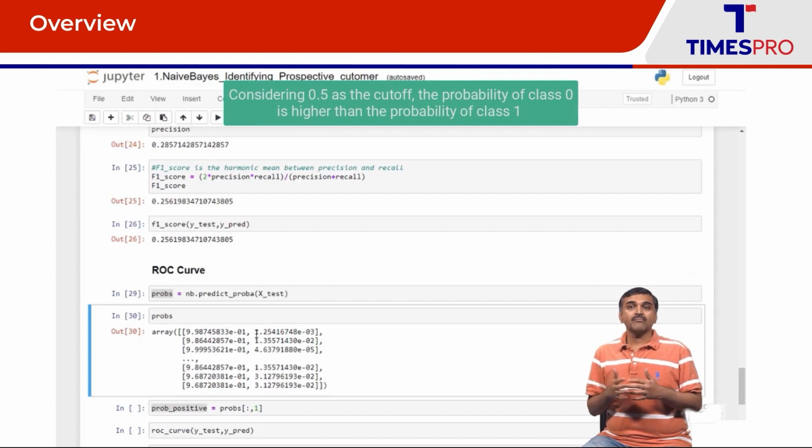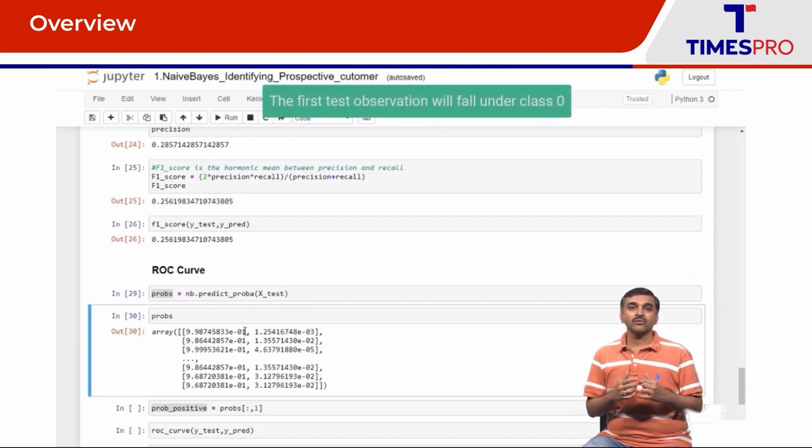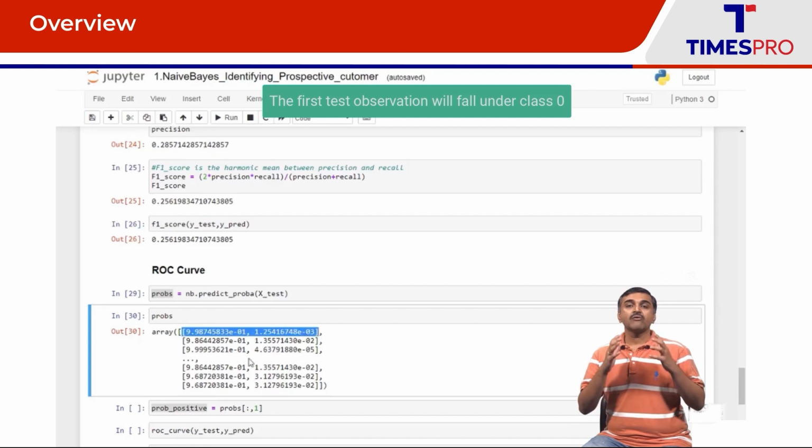If you consider 0.5 as the threshold, which in fact is the default one, the probability of class 0 is higher than the probability of class 1. So for the first record, we conclude that the prediction by looking at the probabilities will fall under class 0.